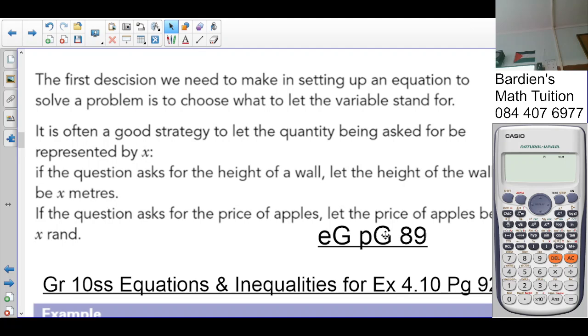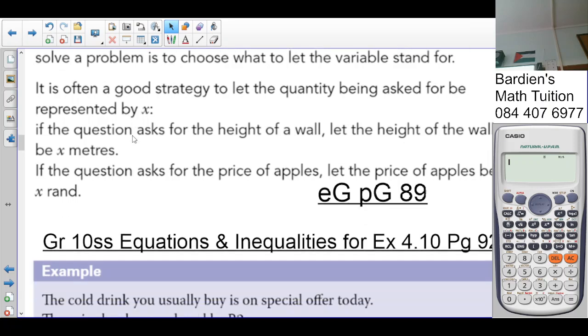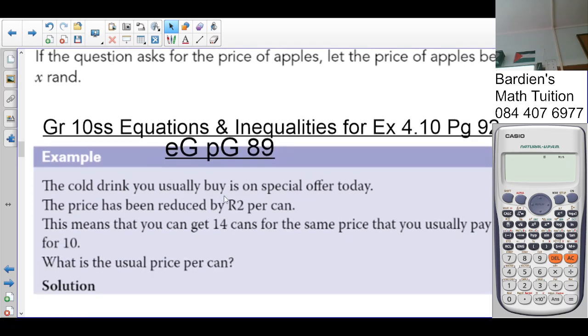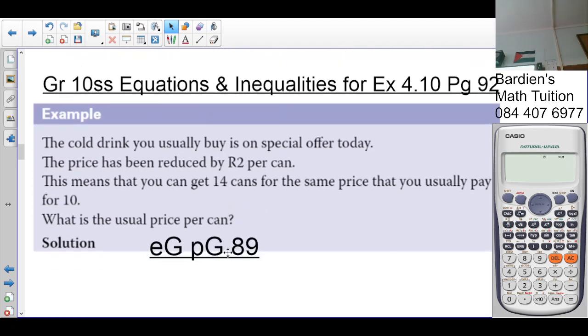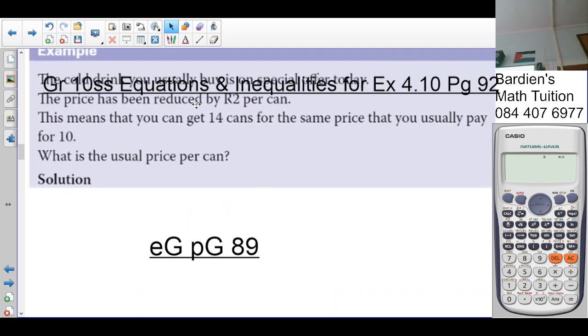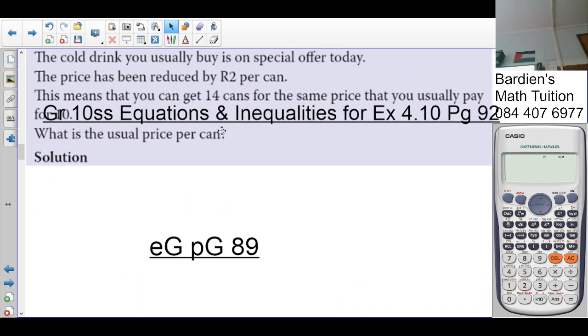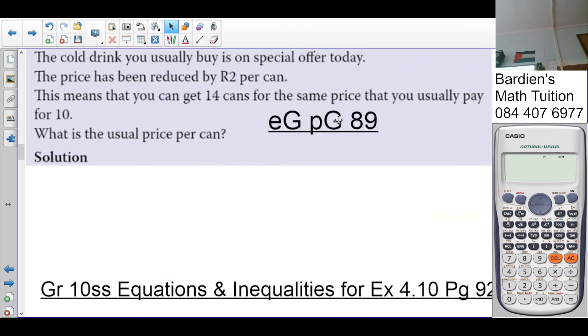So normally we tend to shy away from unnecessary fractions. But if the question asks for the height of a wall, let the height of the wall be x meters. If asked for the price of apples, let the price of apples be x rands. So let's look at example 1, and example 1 is on page 89. 90.